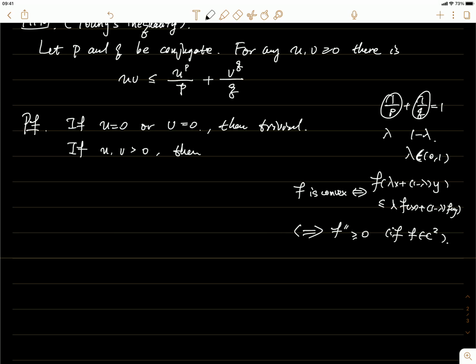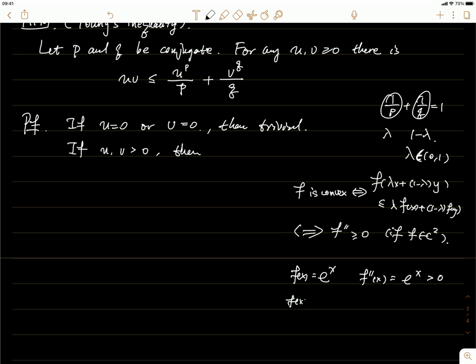For example, say f(x) equals e^x. Then the second-order derivative, if you take the derivative twice, is still e^x, and that is greater than 0, and that means f is convex.